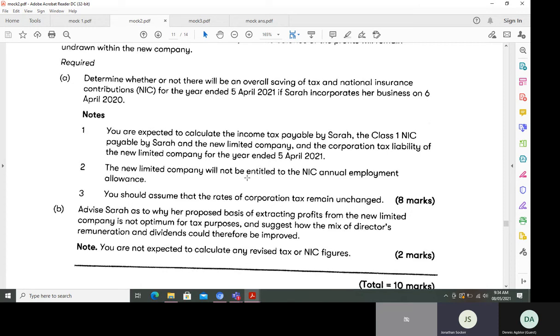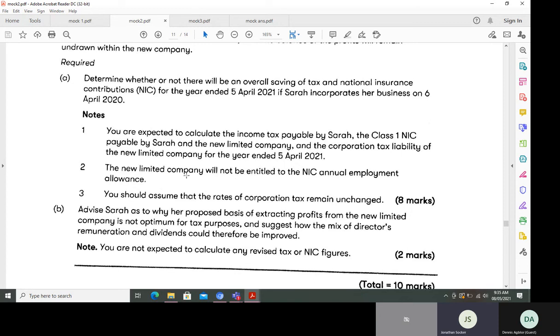The new company will not be entitled to the NIC annual employment allowance. You know, when it comes to the employer NIC or class 1 employer, after they calculate that employer NIC, the less, I think, 4,000 is on the tax table, right?